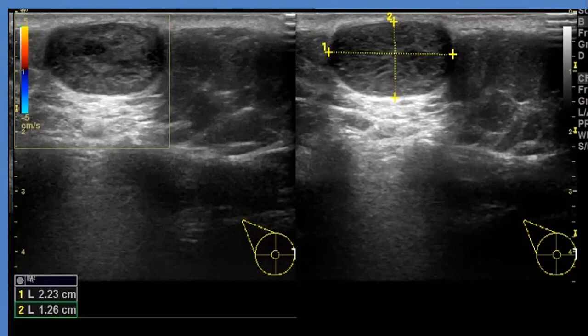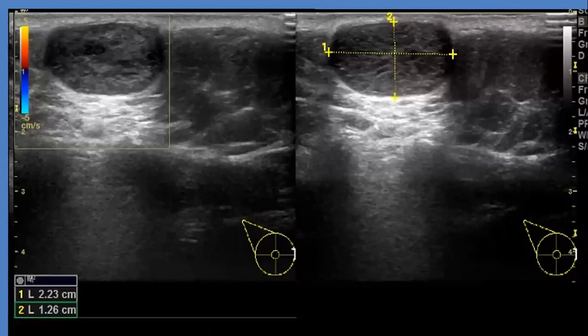In the hypodermis, the subcutaneous layer. Excellent. The bulk of the lesion is in the hypodermis with extension into the dermis.